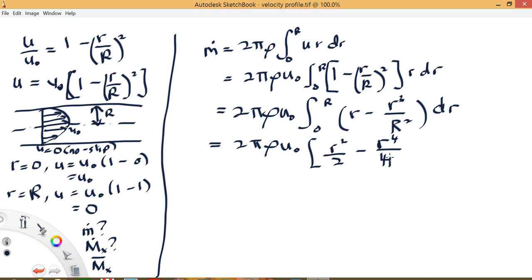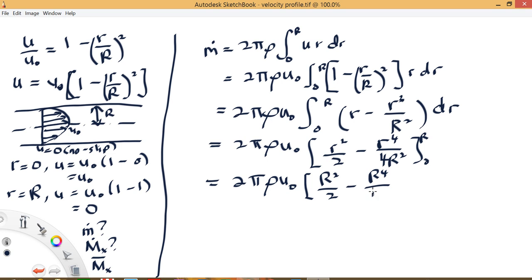You divide by 4r power of 2, from 0 to maximum radius. So 2 pi rho u naught, replace r power of 2 divided by 2 minus r power of 4 divided by 4r power of 2. This can be cancelled. Okay, make sure you cancel. So this one, 2 pi rho u naught times 2 to get 4.